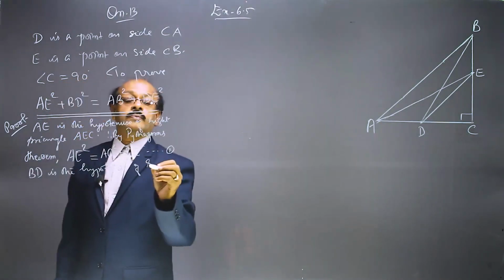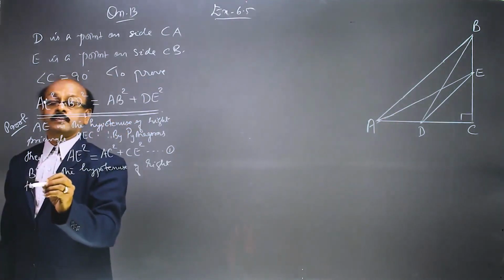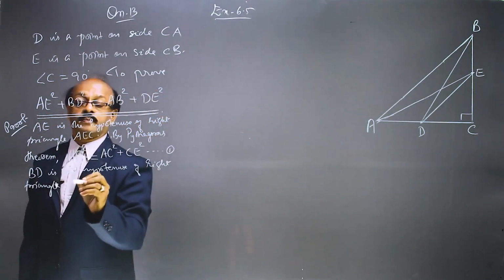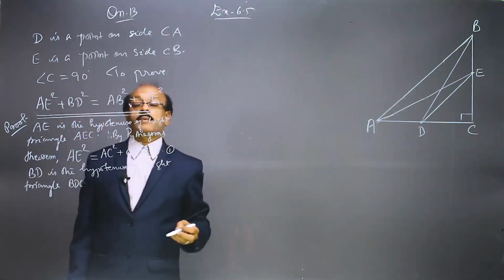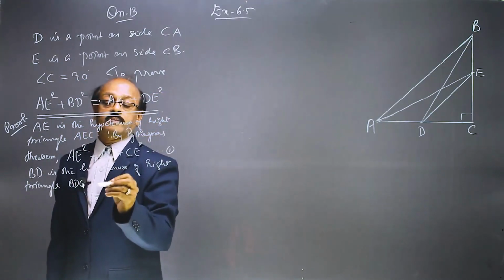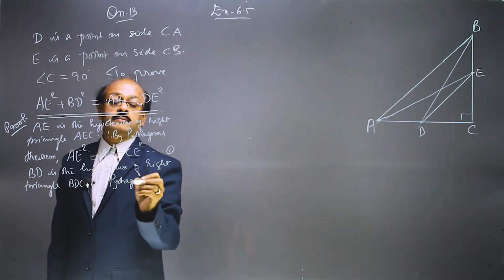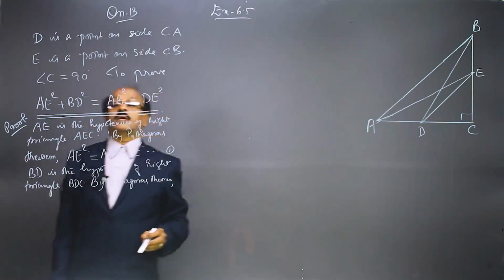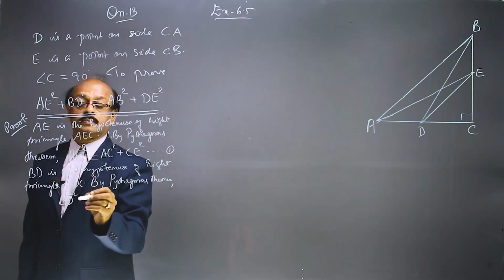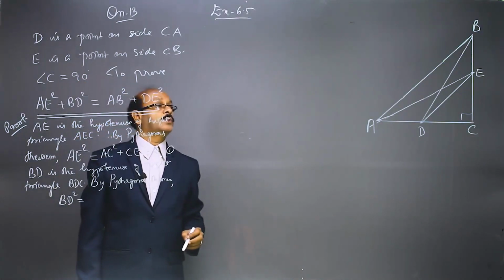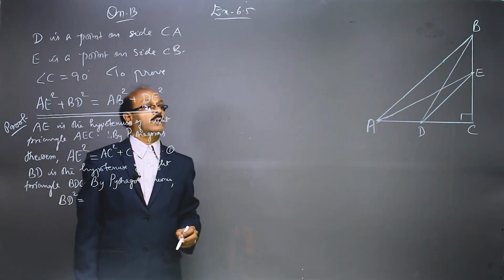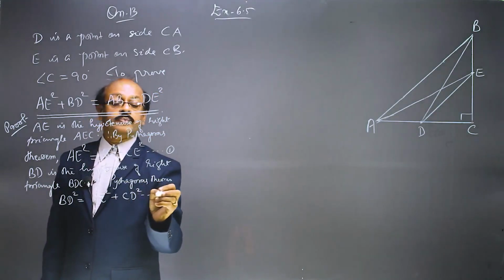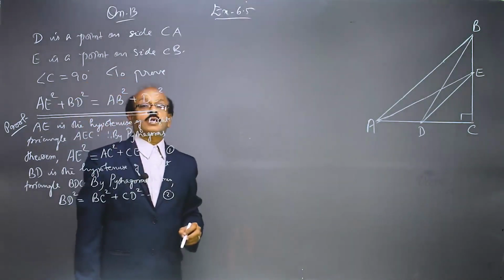Again by Pythagoras theorem, BD square is equal to BC square plus CD square. Name it as equation number 2.